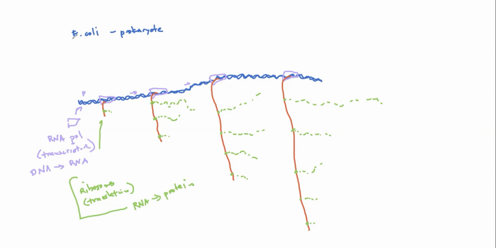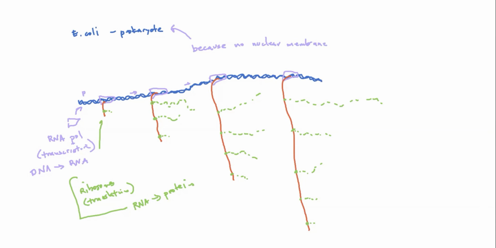And so, while this is a really nice picture, it's only something that we can visualize because bacterial cells don't have a separation between the locations of transcription and translation, because there's no nuclear membrane that separates the process of transcription from the process of translation.